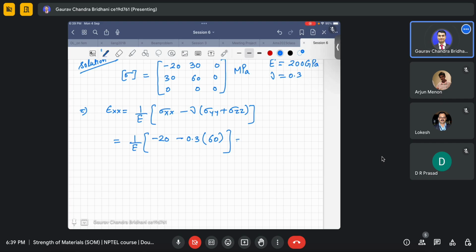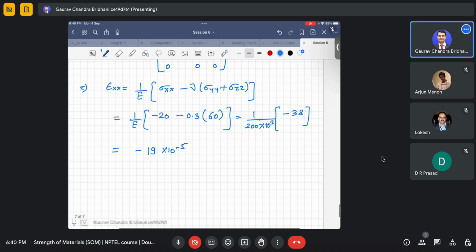I'll also substitute the value of E, but in MPa. So 1 upon 200 into 10 to the power 3, that will be in MPa, and -20, and this becomes -18, so it becomes -38. If you divide by 2, it becomes -19 into 10 to the power -5. So that's the strain epsilon xx.